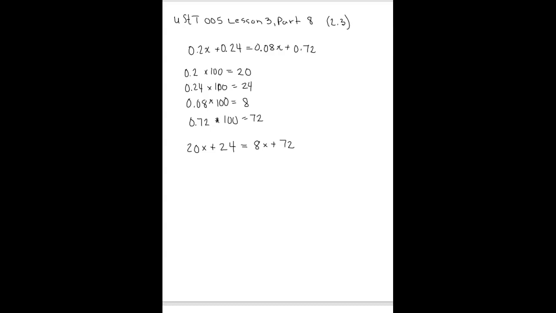Shouldn't be very difficult. I'm going to go ahead and subtract my 24 from both sides. And when I do that, it's going to leave me with an 8 and a 40, right? And then I have my 8x still, and I have a 20x here.